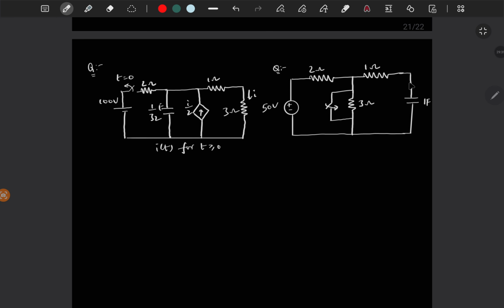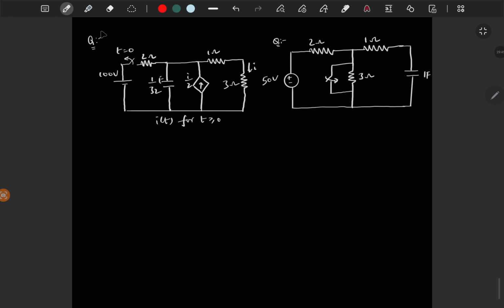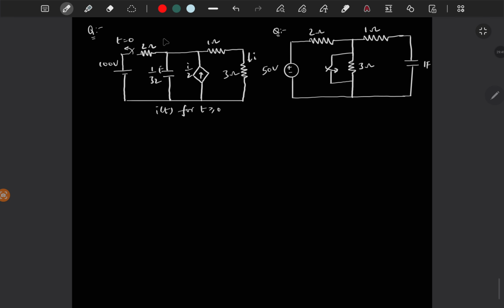It is again a simple circuit, and you can try to solve this one. Let's try first solving this one. At t equal to 0, the switch is opening. Here, assume we will keep this circuit aside.